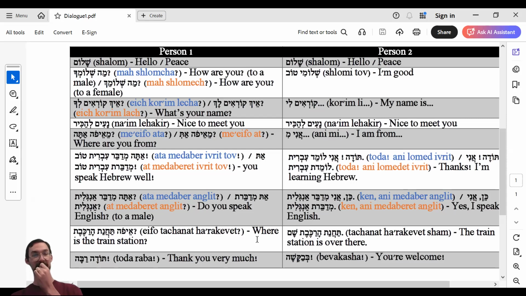בבקשה. Okay, good job, guys. Good reading. I really like that. For some reason, this nice to meet you line gets skipped. I guess it's very thin, so when you're looking for the color it gets passed over.